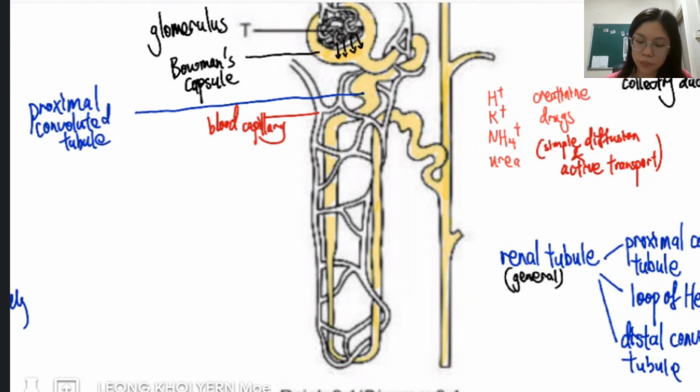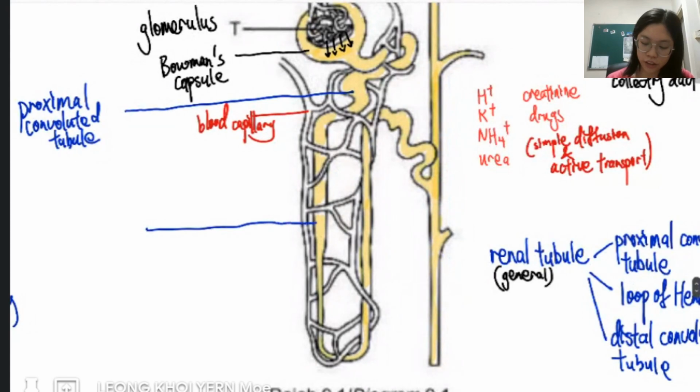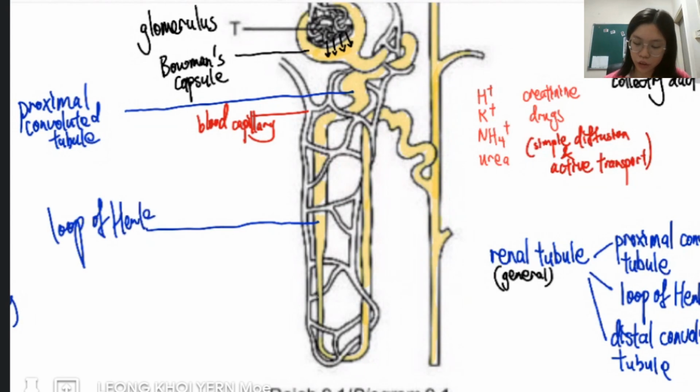After your proximal convoluted tubule, you can see now it is a loop, a long U shape right here. So it is entering your loop of Henle. After the loop of Henle, you go back into this part. You are eventually approaching the last part right here.